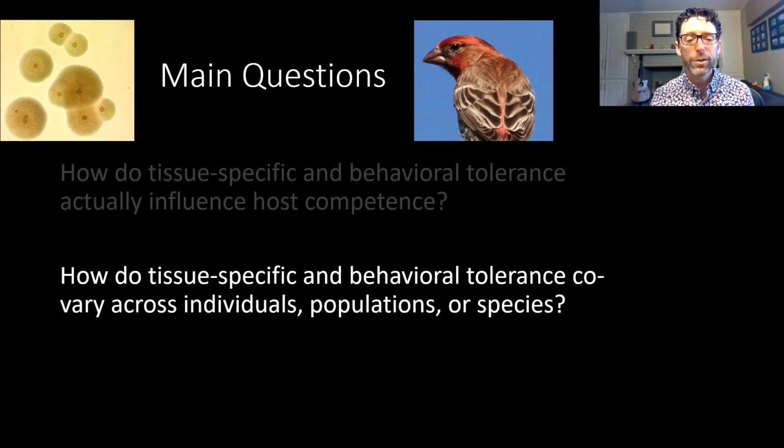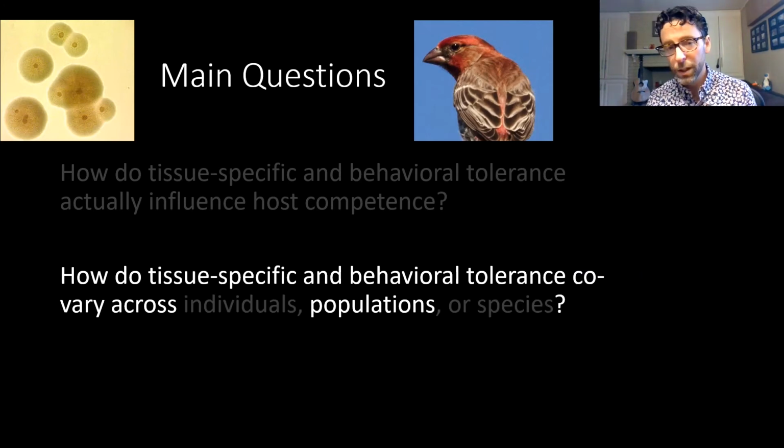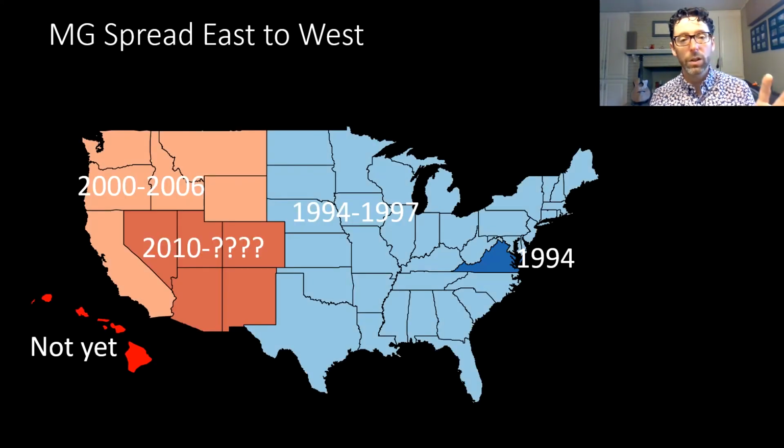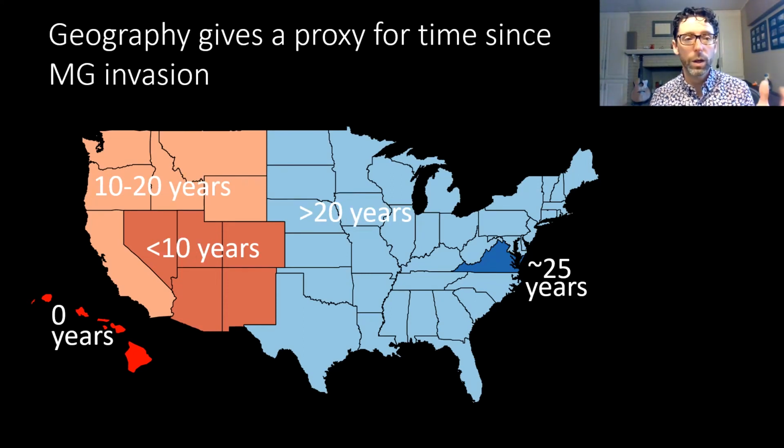Now, how do those co-vary? Well, let's look at the population level. That's where we have a pretty good amount of data. From a big comparative study we've done recently, now we know that mycoplasma spread from east to west, and they haven't been to Hawaii yet, so that gives us a gradient in time since MG invasion.